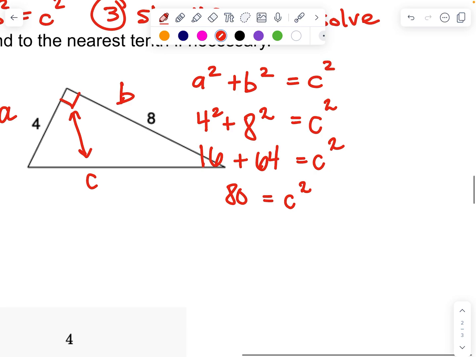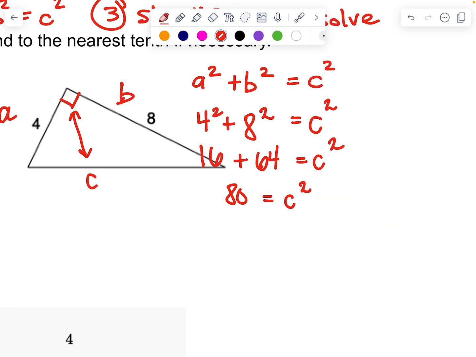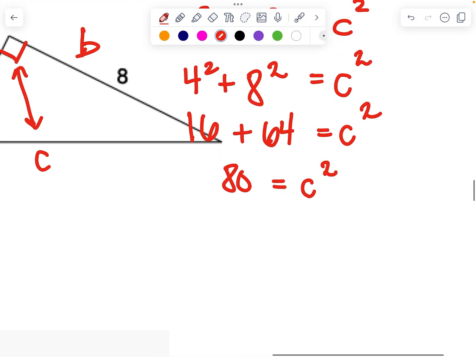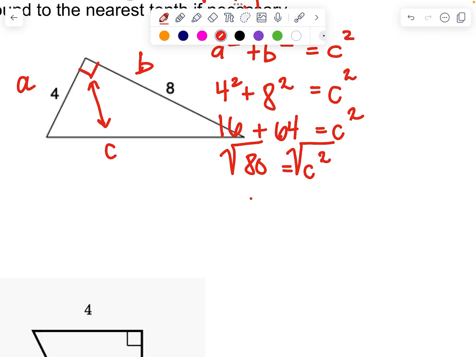Okay, almost there. I want to get C by itself, just C. So, I will need to take the square root of both sides. And what I'm going to obtain here is basically that C is equal to the square root of 80. Now, normally we would just stop here.